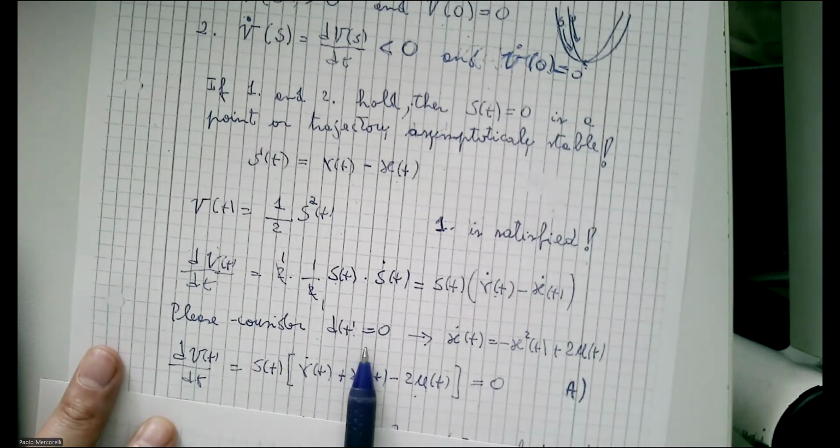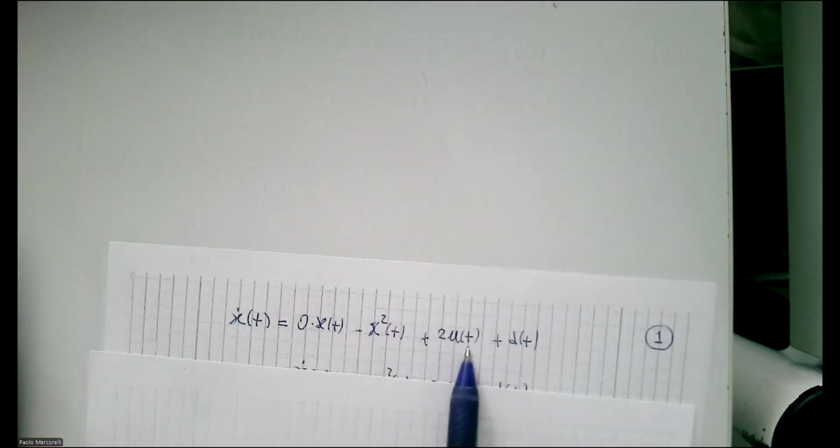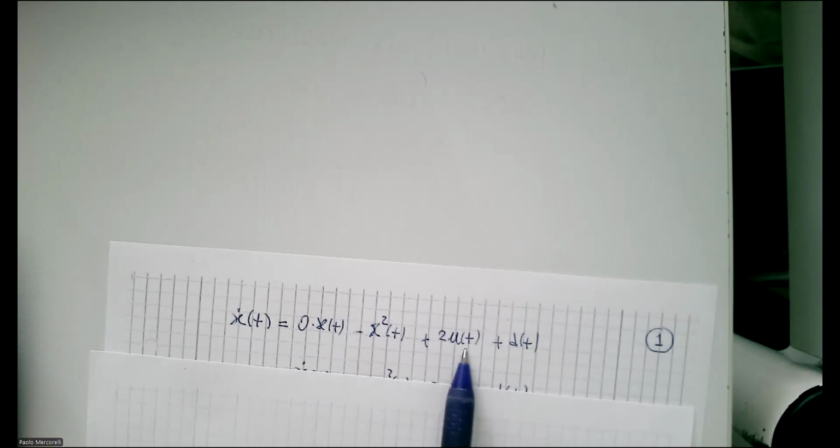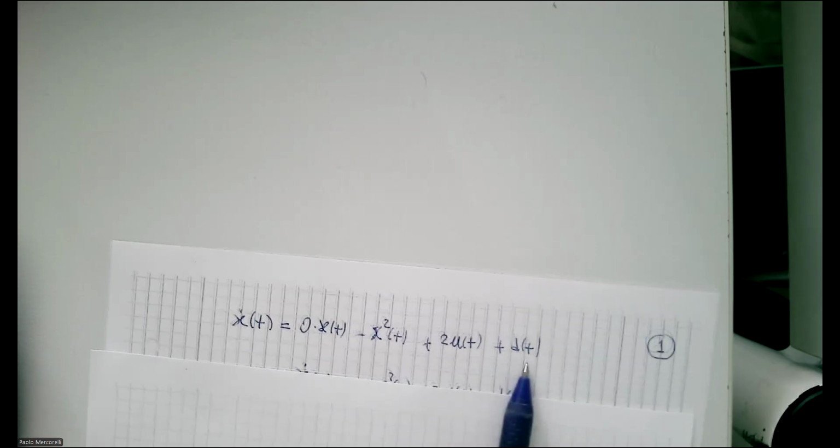At the beginning, without disturbance, again just to understand, u of t is our input, which is the output of our controller, an accessible signal. I want to determine u of t to obtain some goals. d of t is a disturbance, not accessible directly.